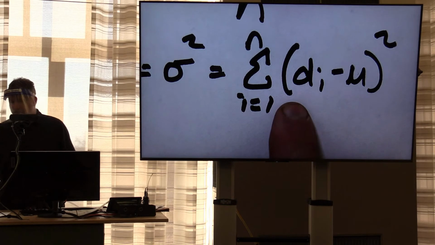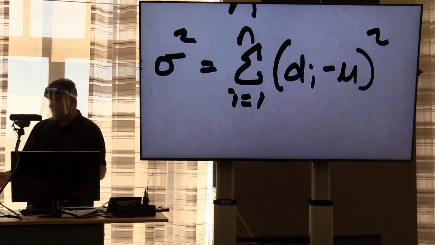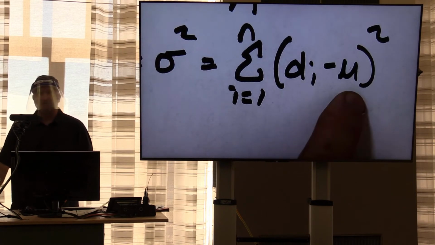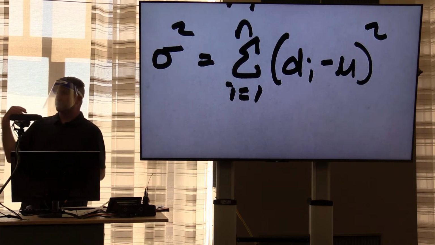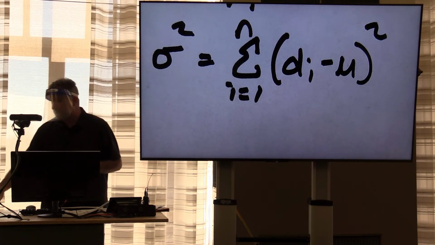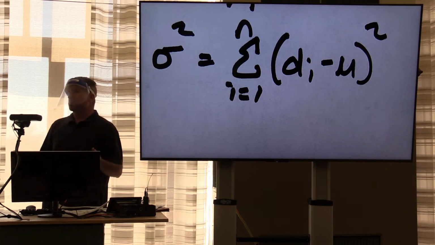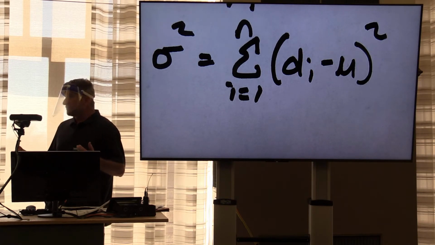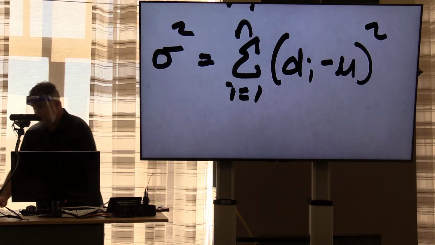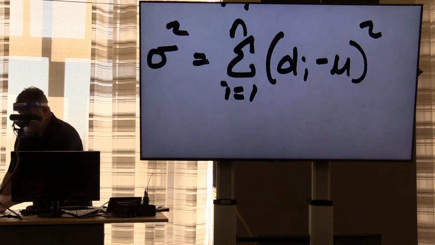So we take each hit, 175 feet, another's 130 feet. For each hit we subtract the mean, so one time is 25 feet above the mean, another time is 33 feet below the mean, and we square it. So we get an idea of the squared deviation from the mean.